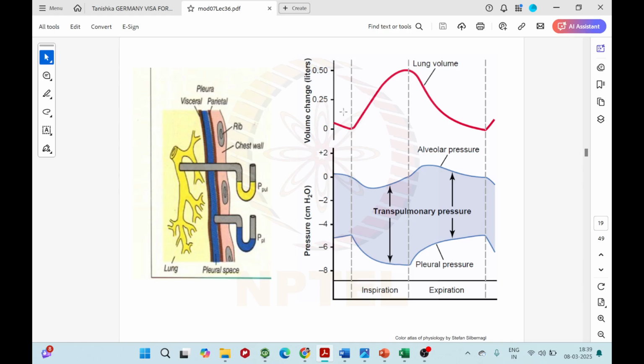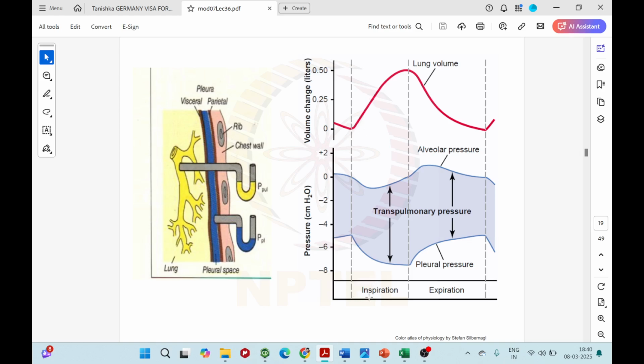And this is the thoracic volume change, how much air is coming in. Initially the volume is almost 0, then you undergo inspiration, and you can see an increase in the lung or thoracic volume. From 0, it goes up to 0.5 liters, that means 500 ml.